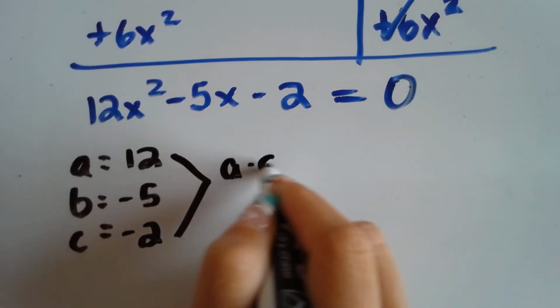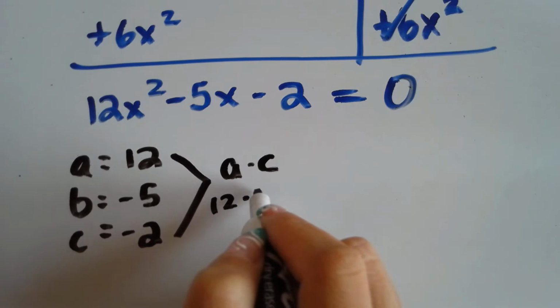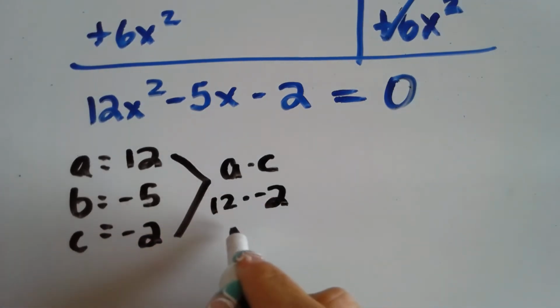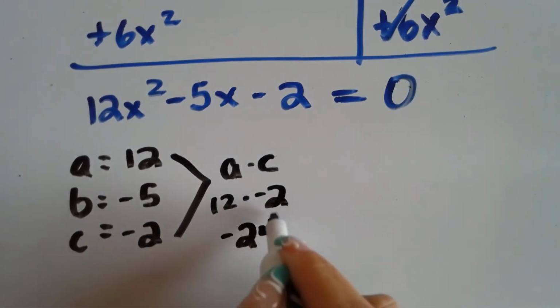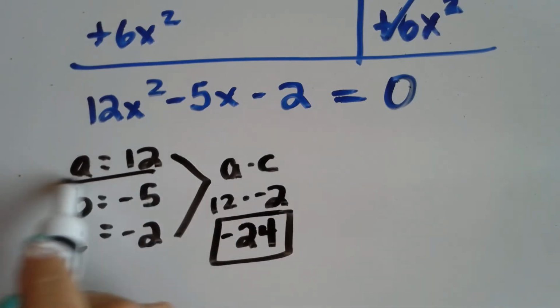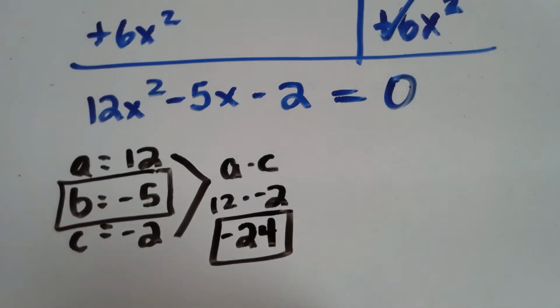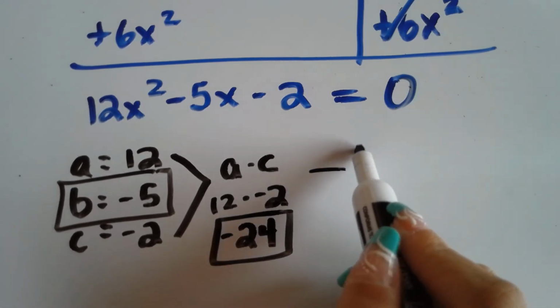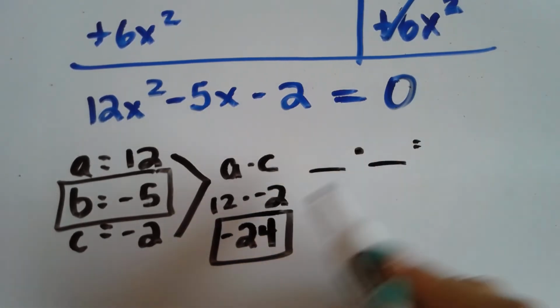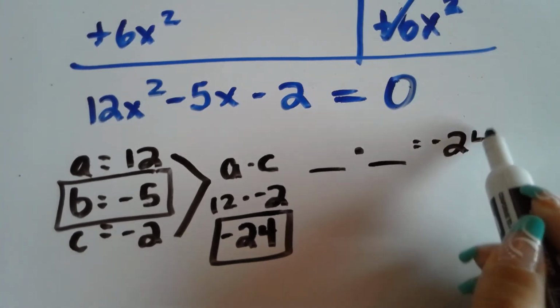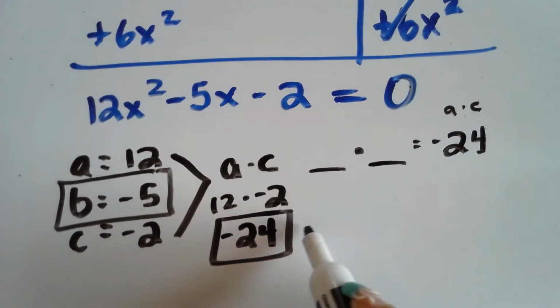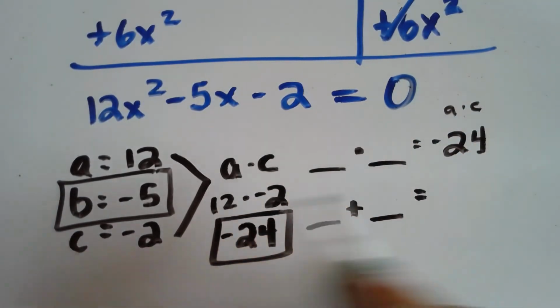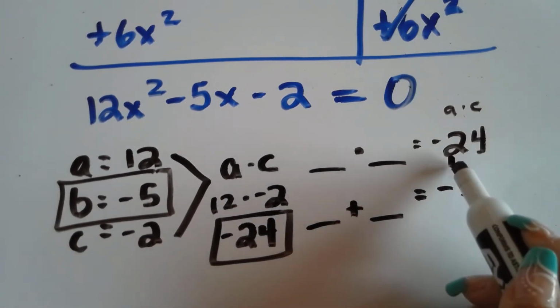So our A times C is going to be 12 times negative 2, and 12 times negative 2 is negative 24. So this is your A times your C, and your B is going to be a negative 5. So let's go ahead and fill in our little puzzle piece. So blank times blank. What two numbers equal our A times our C, which is negative 24? And those same two numbers have to add together to give us our B, which is negative 5.